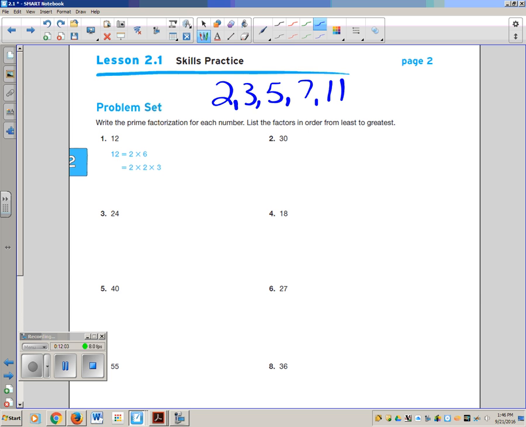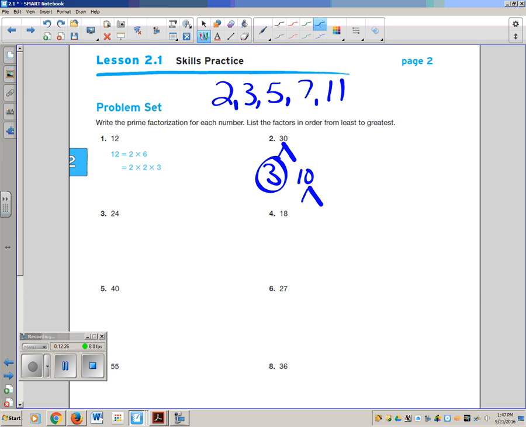Number 30, we're going to do the prime factorization, so put 2 branches under 30. 2 factors of 30. 3 and 10. You could have used 6 and 5, 3 and 10. Circle the prime number. Circle the 3. 10 is composite. 2 more branches.